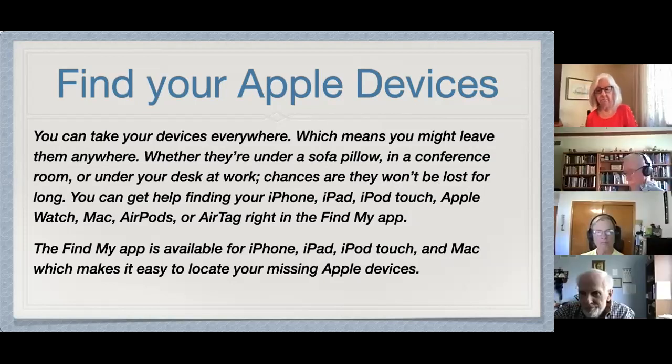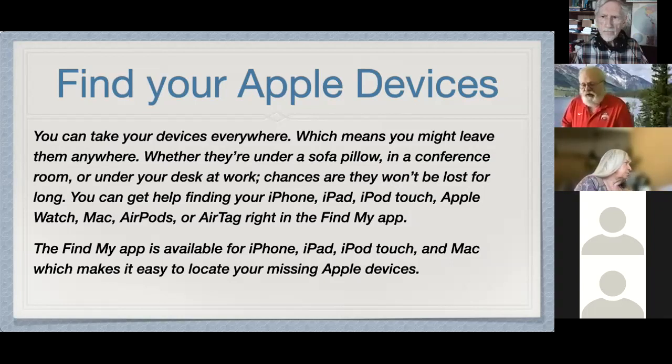It also supports things like Apple Watches and your AirPods, so you can track all those things. Also, Apple released an Android app in late 2021, just a few months ago, that allows Android users to also track nearby AirTags and other Find My items.